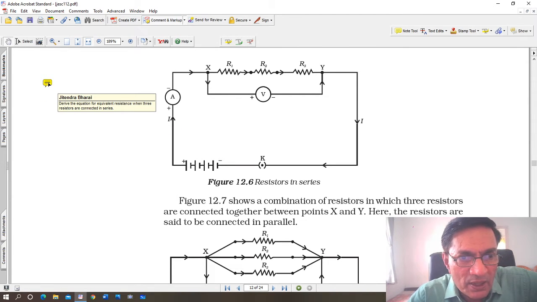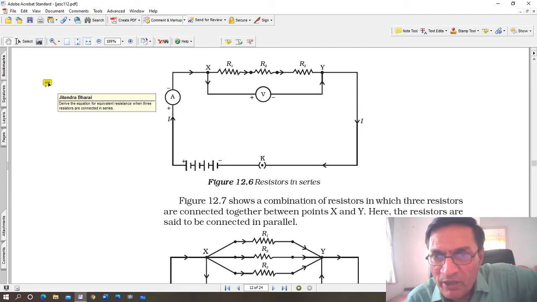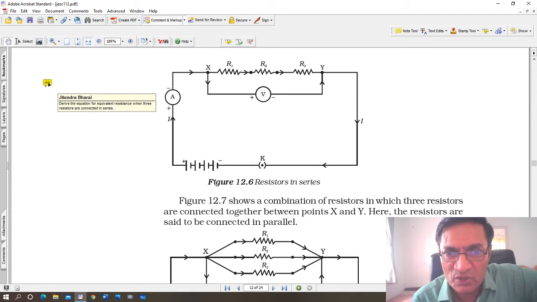All right, now let's see this. What is the question there? Derive the equation for equivalent resistance when three resistors are connected in series. This will be the question. The question will be like this.